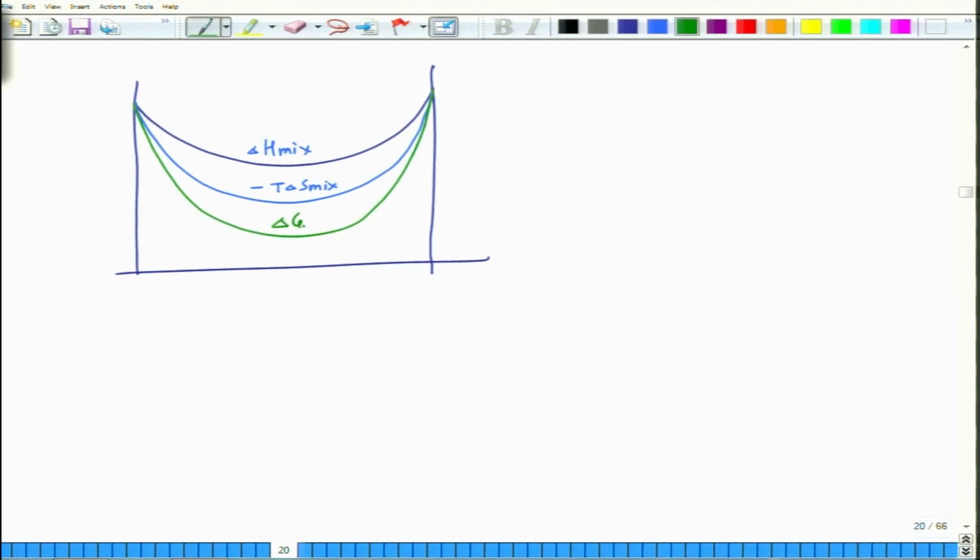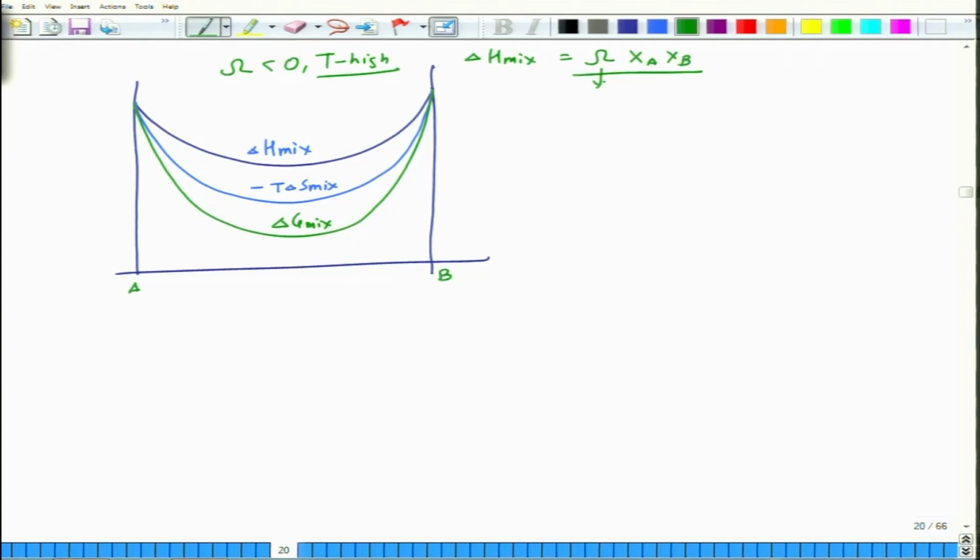This is delta G mix, this is A, this is B. So, this is when omega is less than 0 and temperature is high. And what is omega? Omega is essentially a measure of delta H mix, because delta H mix is equal to omega XA XB.